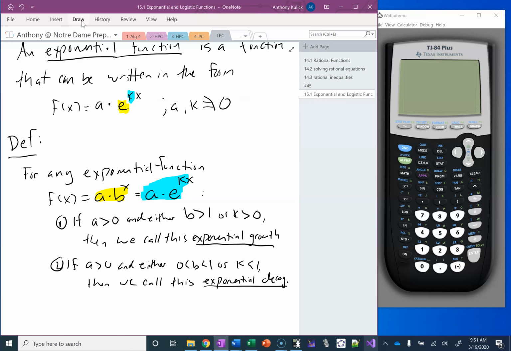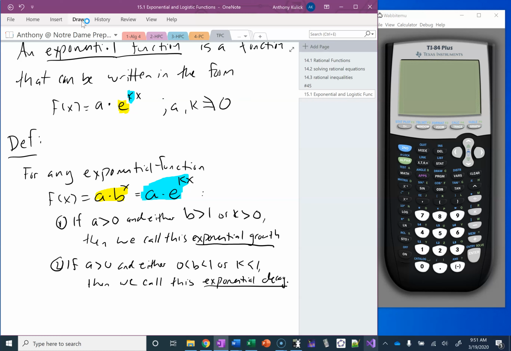So if that a value is positive and either the b is greater than 1, as in the yellow equation, or the k is greater than 0, as in the blue equation, then we will call this exponential growth.